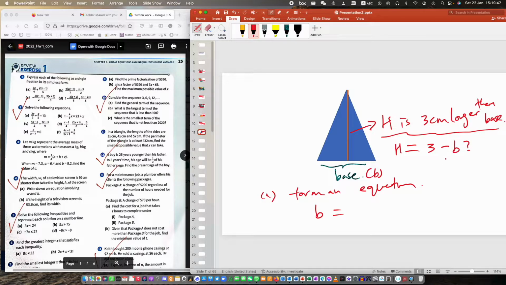Is it correct? Three cm longer than the base. Longer doesn't mean plus. Longer doesn't mean minus. Think. So what's the meaning of this? H is 3 cm longer than the base.